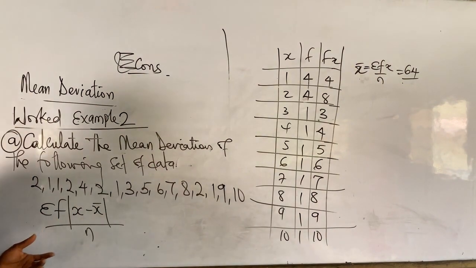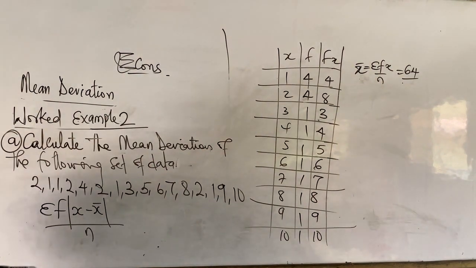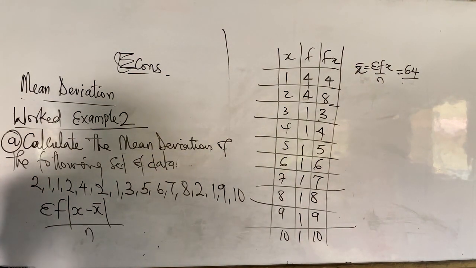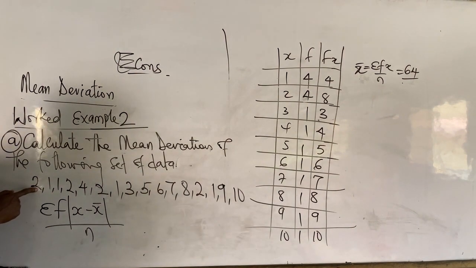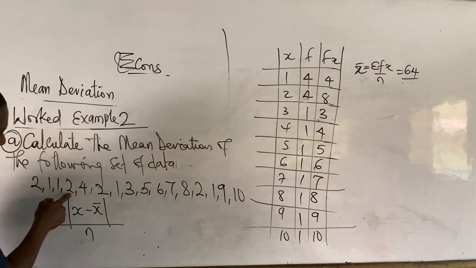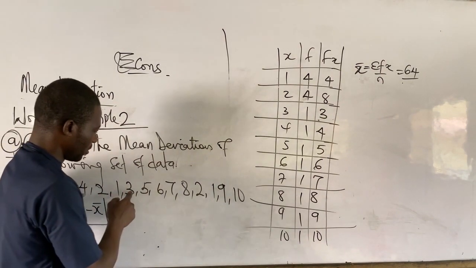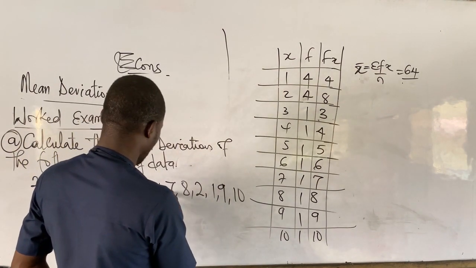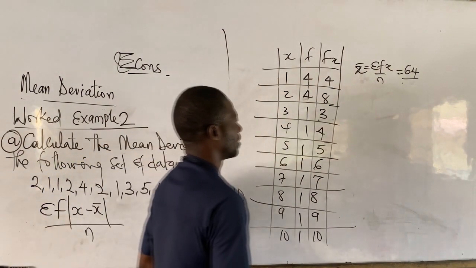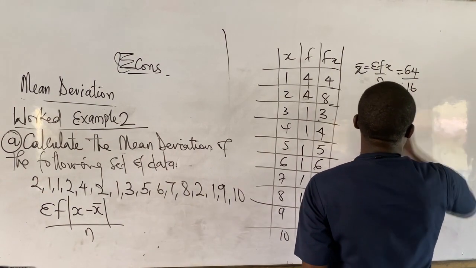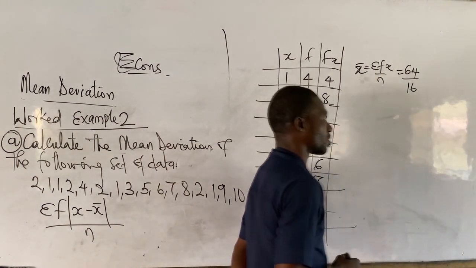We go straight to the n. The n is the number of scores, grades, or numbers given to you, which is 1, 2, 3, 4, 5, 6, 7, 8, 9, 10, 11, 12, 13, 14, 15, and 16. So we have 16 numbers given to us.